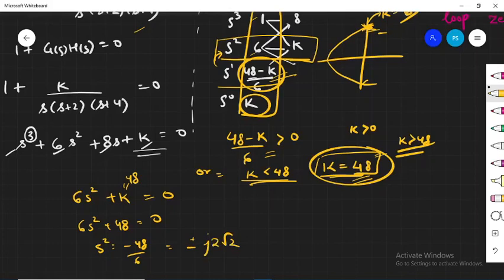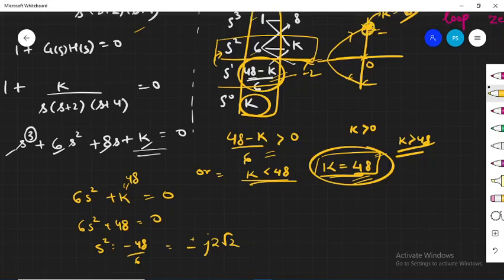So thus the branch that we are talking about, like we had a pole over here and a pole over here, this was 0, this was minus 2, they two merged, and then one went to this side, another one went to this side.